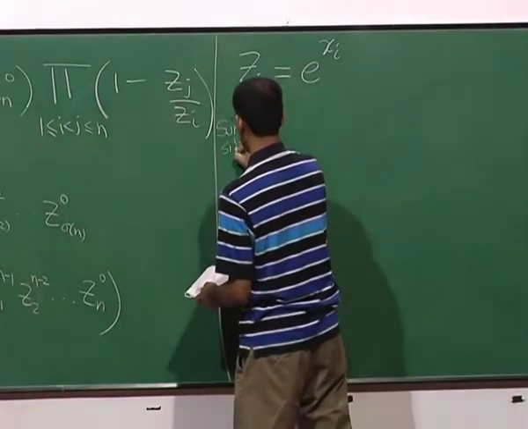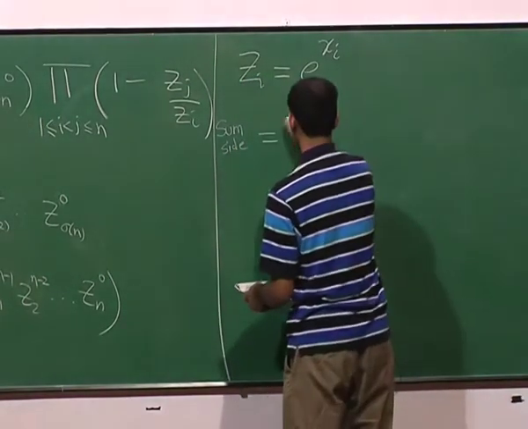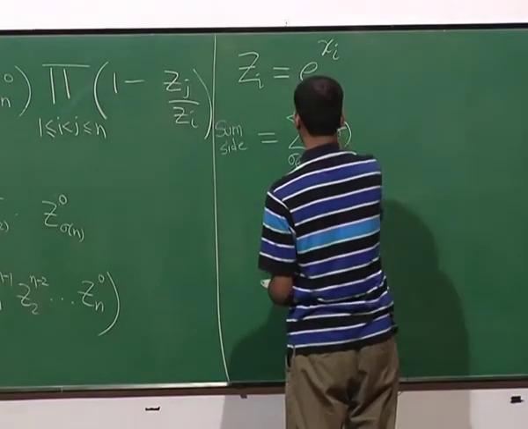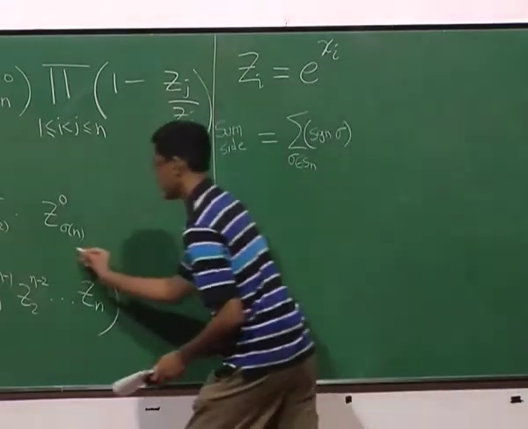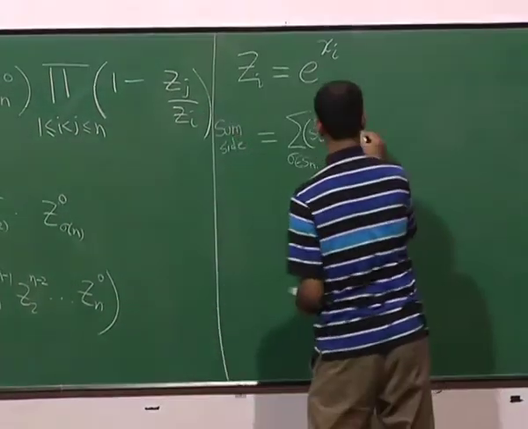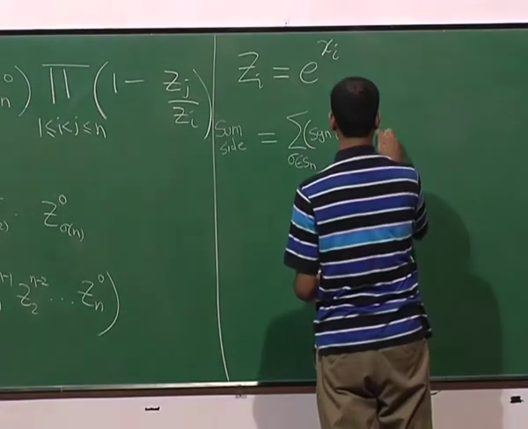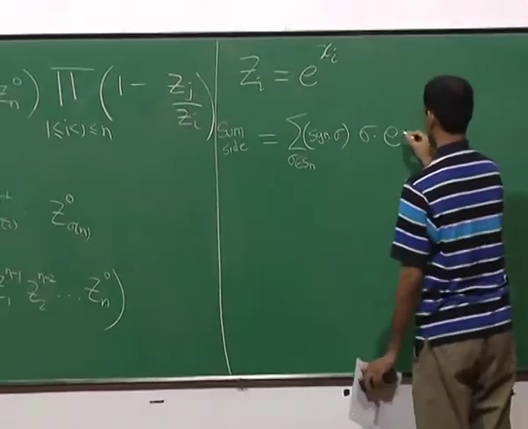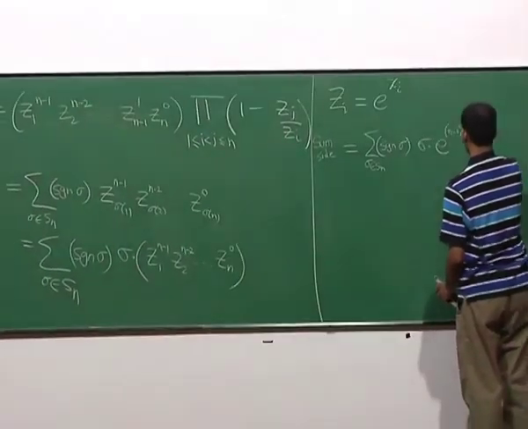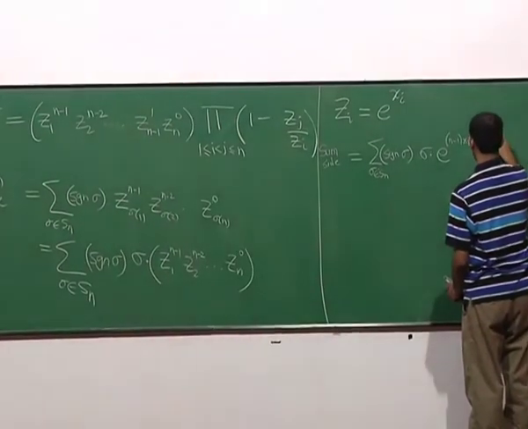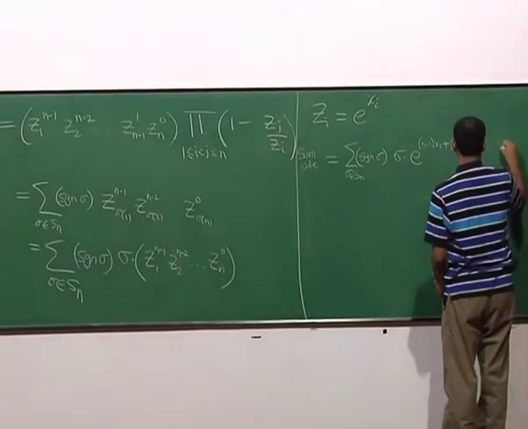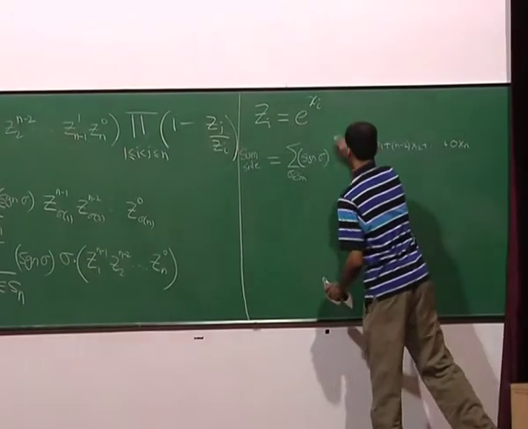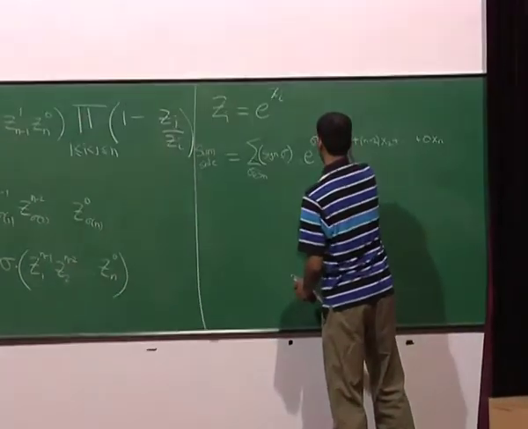The sum side of the identity becomes the sum over all permutations of sign sigma times sigma acting on this particular object. Z1 to the n minus 1 is e to the n minus 1 x1, z2 to the n minus 2 is e to the n minus 2 x2, and so on.